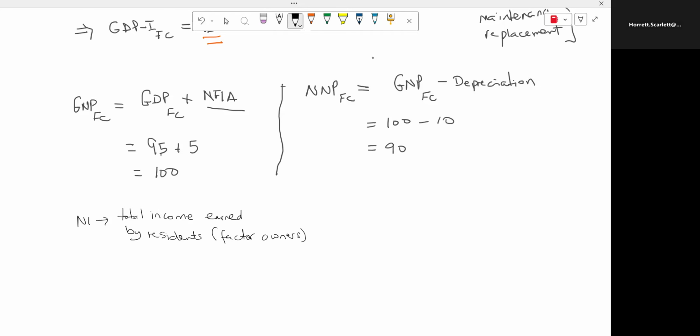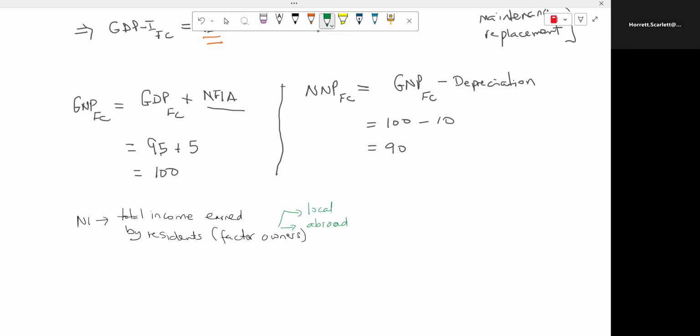Now, let us just bear in mind quickly that these factor owners, they are either local or they might be abroad. And prudence would dictate that in order to get a true measure of what is happening, we would want to account for the income that is earned by those who are abroad.